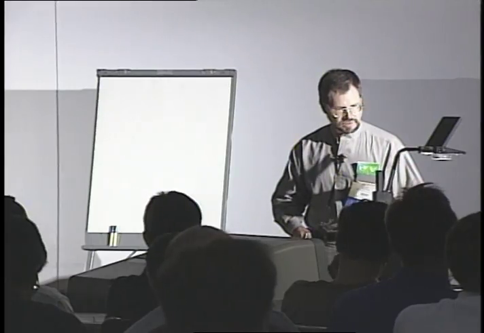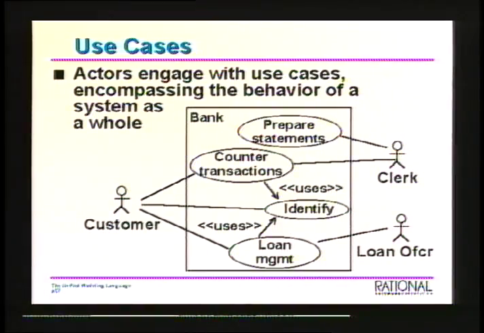Use cases, these are the things that Ivar made very popular. They represent really a partitioning of the functionality of the system in user-meaningful terms, where a user is some outside agent that's connected to the system, either a human being, or a computer or some other system.